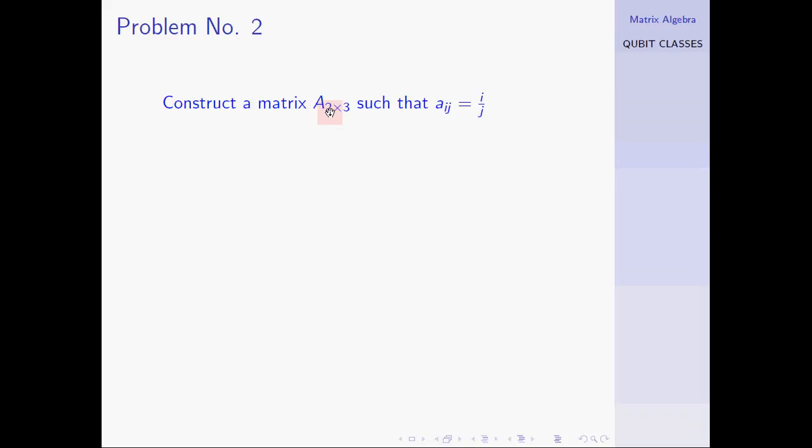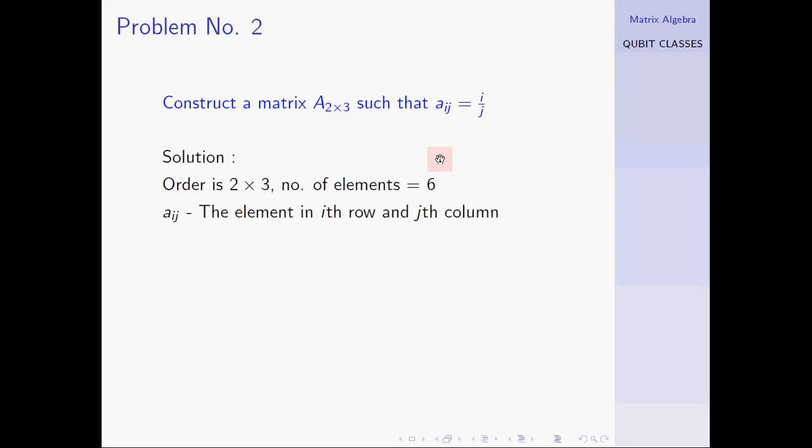We also saw that if the order of A is 2 by 3, it will have 2 rows and 3 columns in it. Also, the number of elements will be 2 into 3, that is 6. So aij is the element in the ith row and jth column.